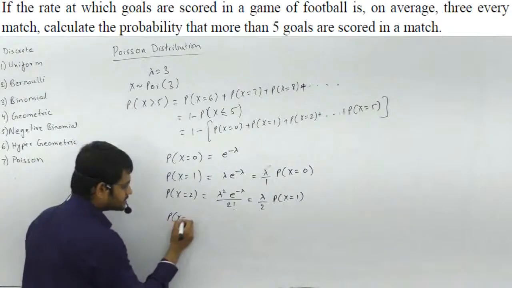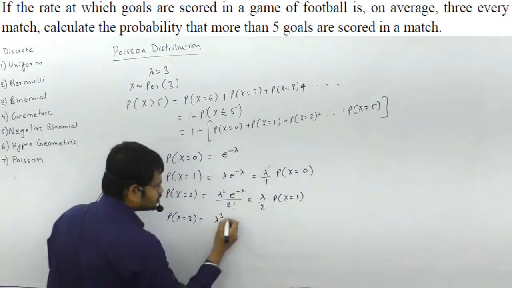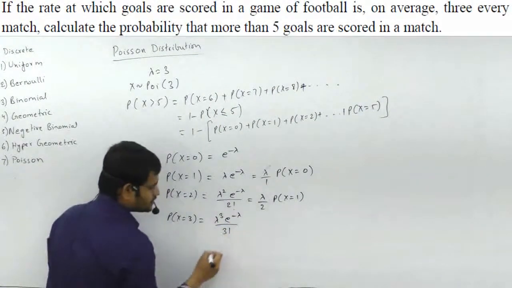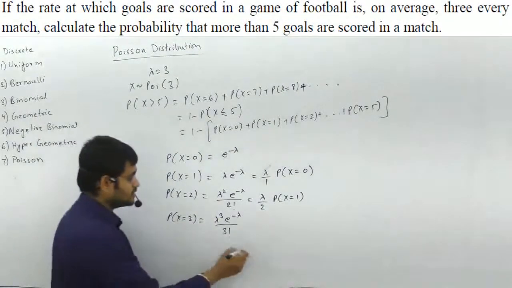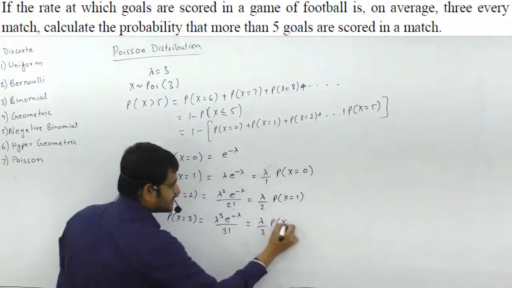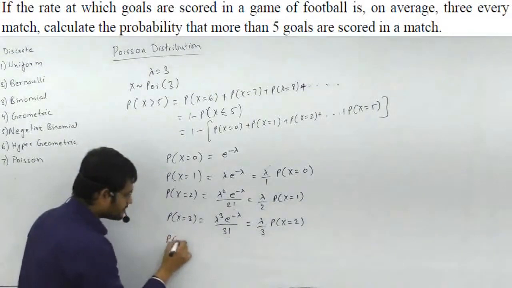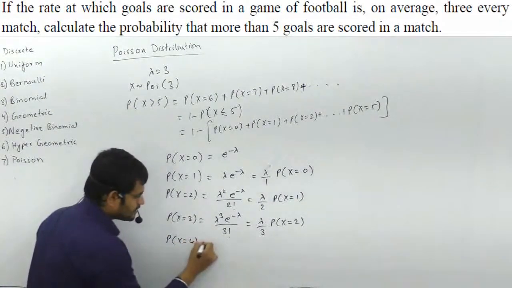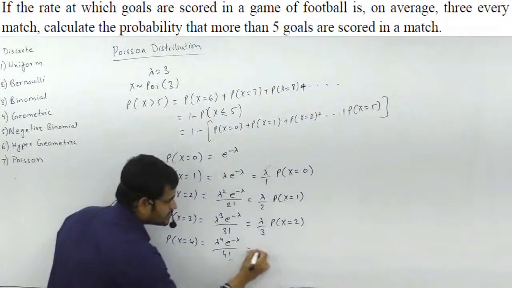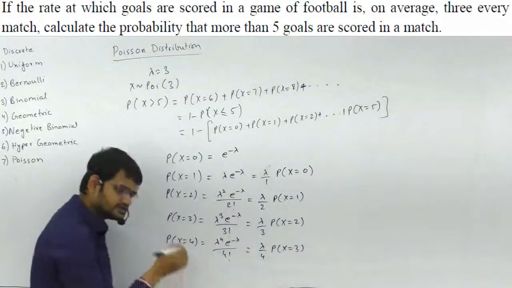Similarly, probability x is equal to 3 is lambda cube e raised to minus lambda by 3 factorial, that is 3 into 2, or I can write this as lambda by 3 into probability x is equal to 2, and so on. Similarly, I get probability x is equal to 4 as lambda raised to 4 e raised to minus lambda by 4 factorial, that is lambda by 4 into probability x is equal to 3, and so on.